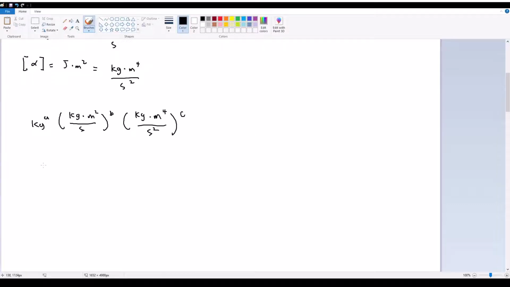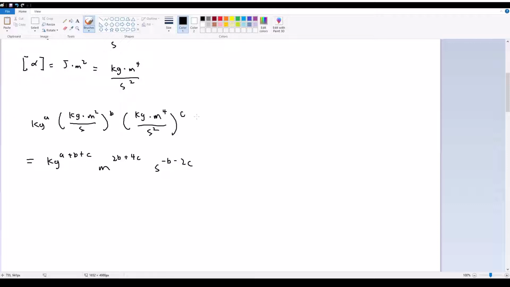If we write this out fully, this is going to give us kilograms to the power of a plus b plus c, and then meters to the power of 2b plus 4c, and then seconds to the power of negative b minus 2c.